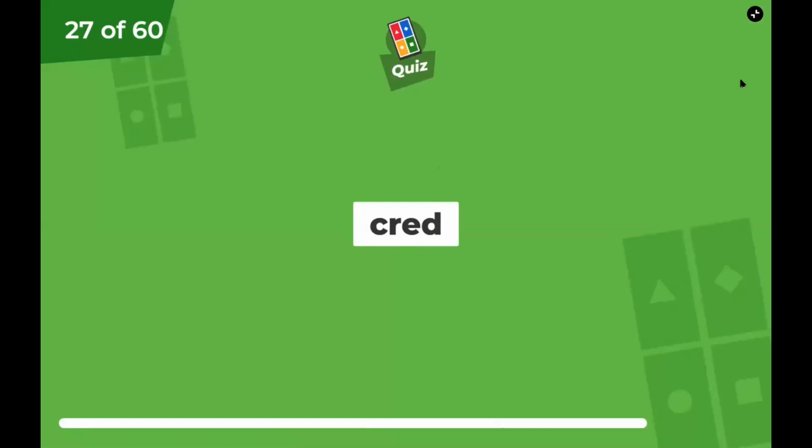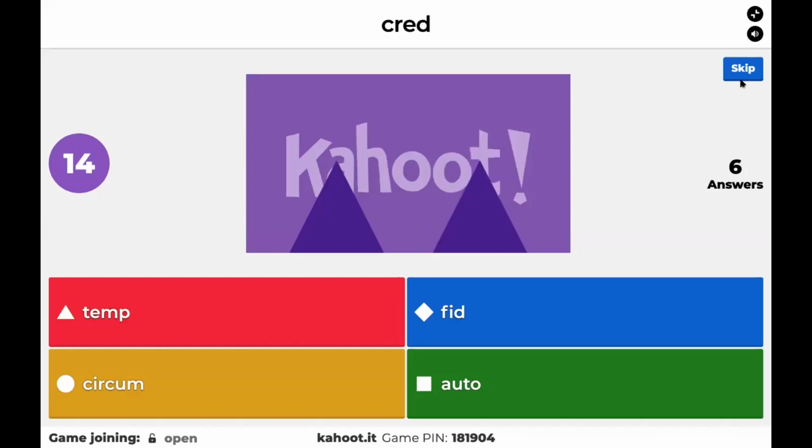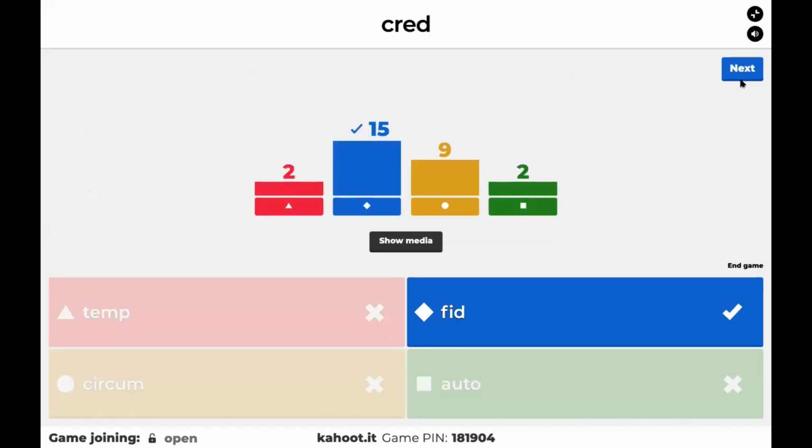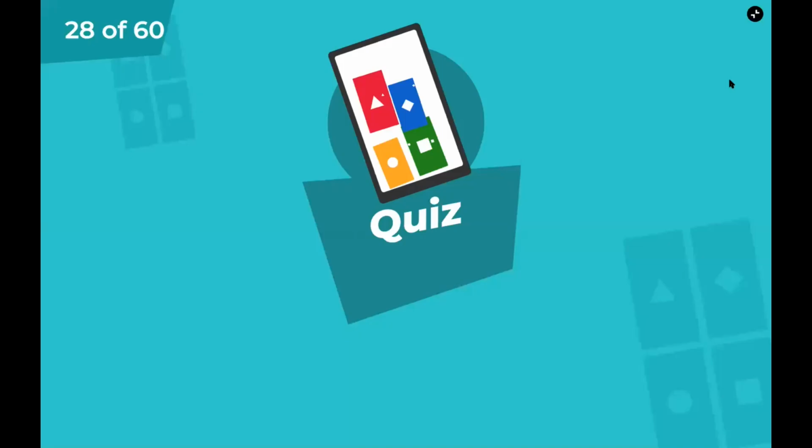Cred. Red is temp, blue is fid, yellow is circum, and green is auto. Nice. Circum.